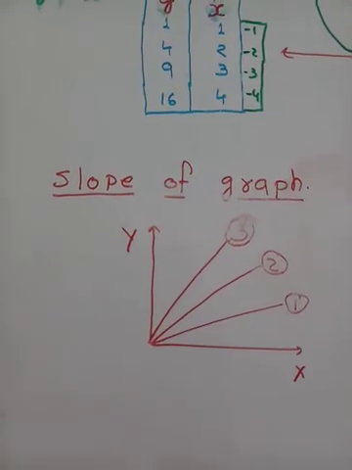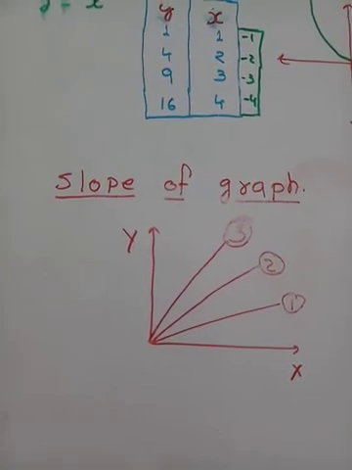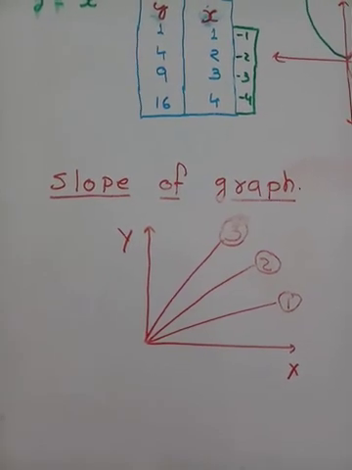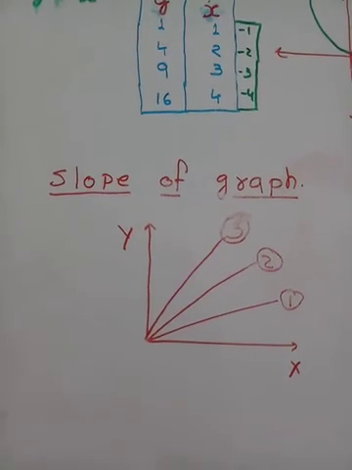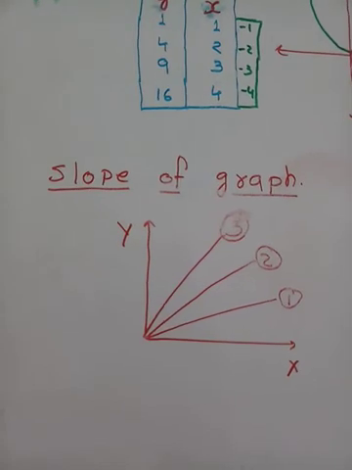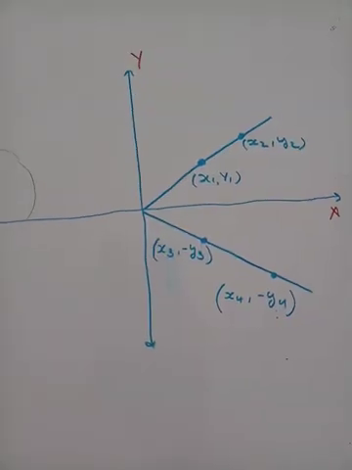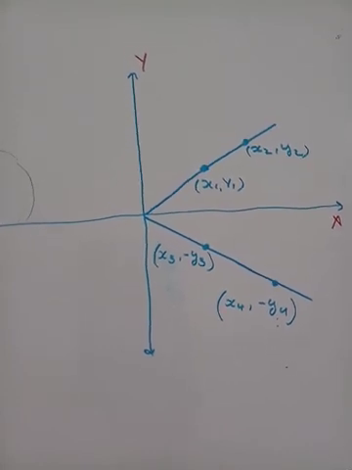Clear? Now if you understood the concept of slope, we now calculate the slope. How to calculate the slope of a graph? I have taken 2 lines, one in the first quadrant and one in the fourth quadrant.